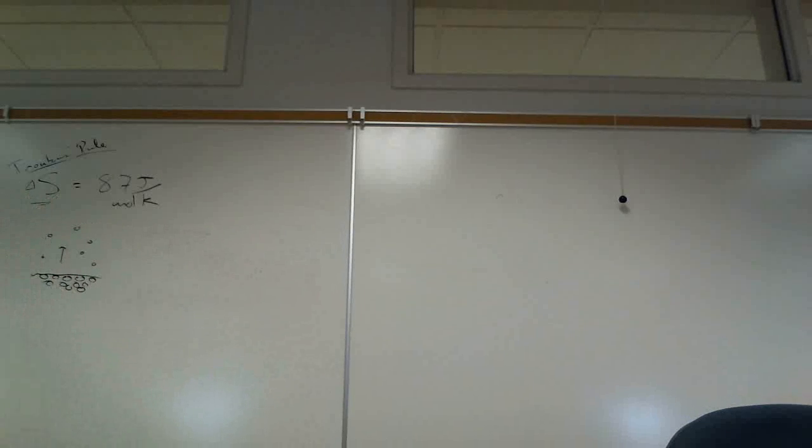In fact, water is over 100 joules per, what was it, 118, wasn't it? 118. Was Trouton's rule very good in predicting delta S of vaporization of water? That was awful.